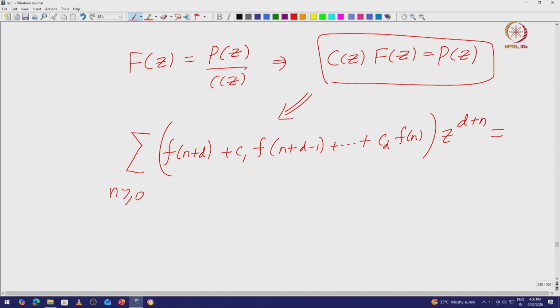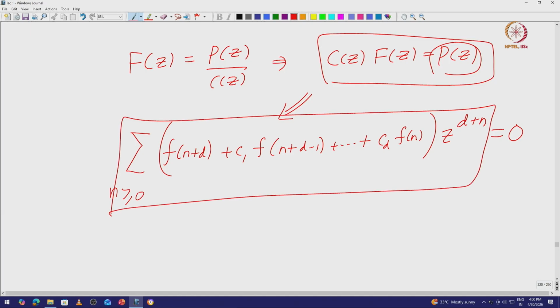This entire series is supposed to be 0, because p of z has degree up to d minus 1 only. So, from z power d onwards, all those coefficients must be 0.